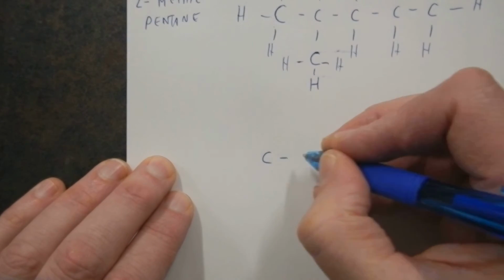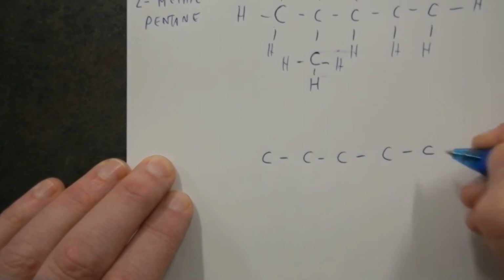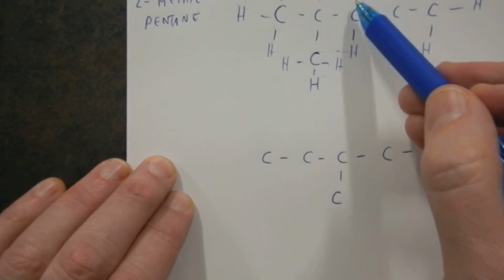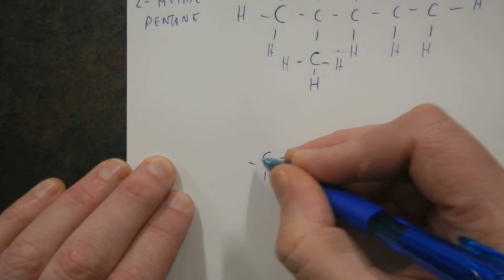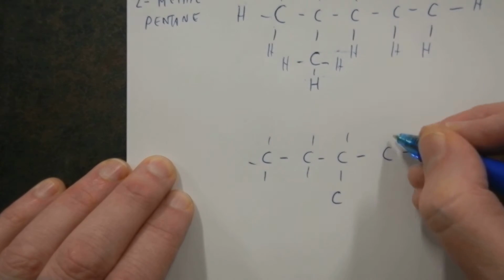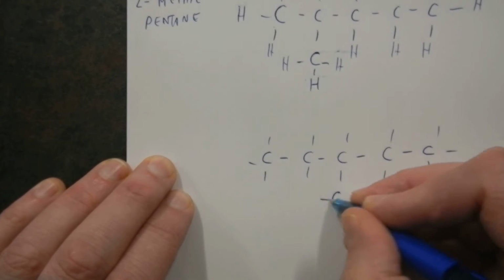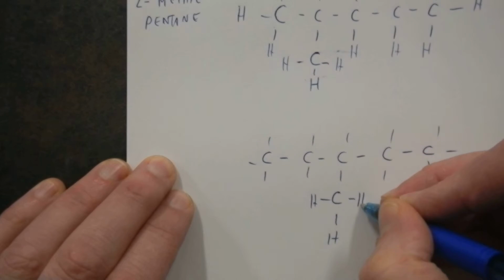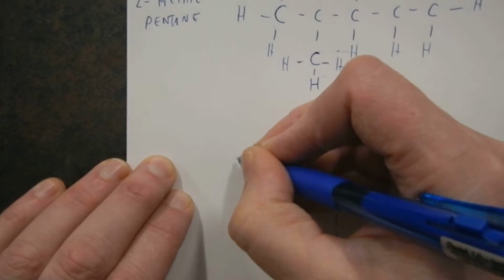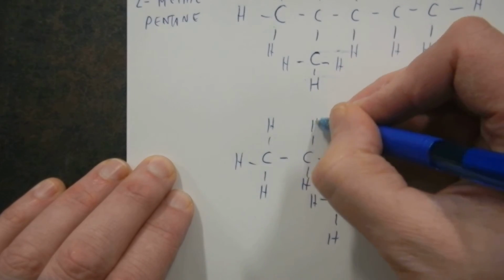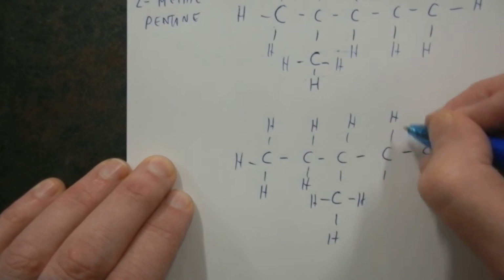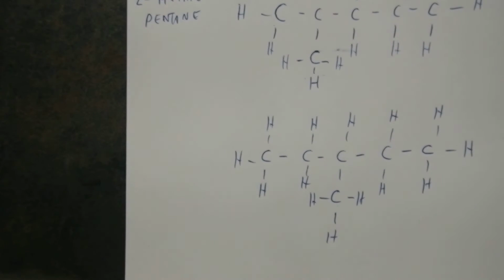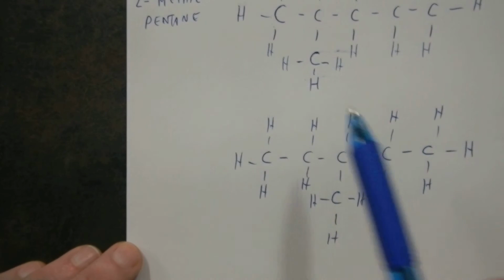So I put in 5 carbons again. I'm just making a nice skeleton, but now this C that was here on the second carbon is now on the third carbon. Then I add the hydrogens. And this is going to be a close cousin of 2-methylpentane.